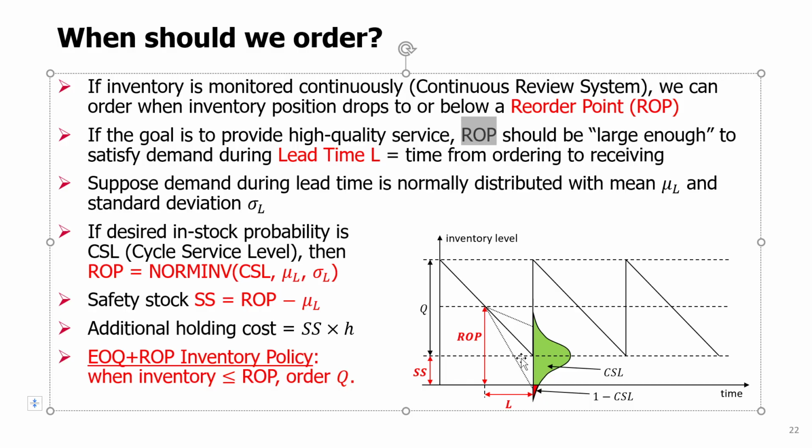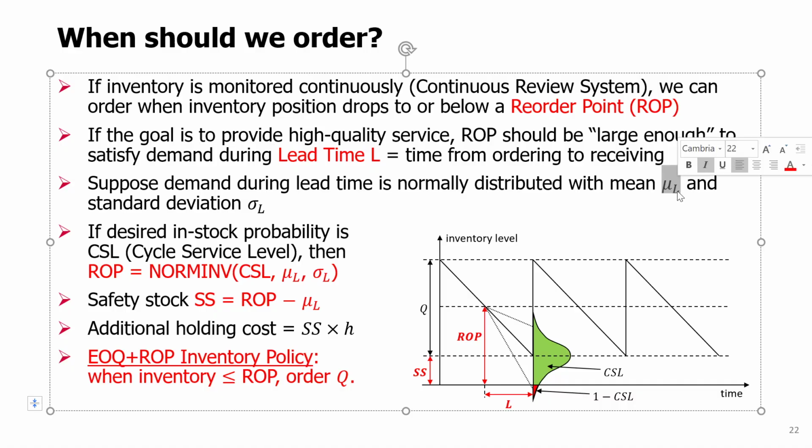And then there's some kind of variability here. So we're going to consider a normal demand distribution, and we're going to assume the average of this distribution is mu L, and the standard deviation is sigma L.